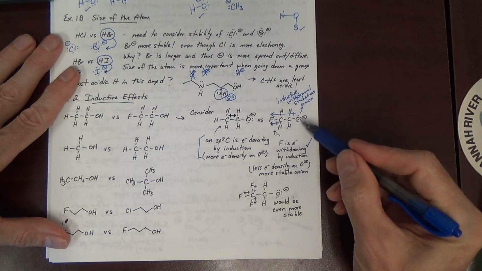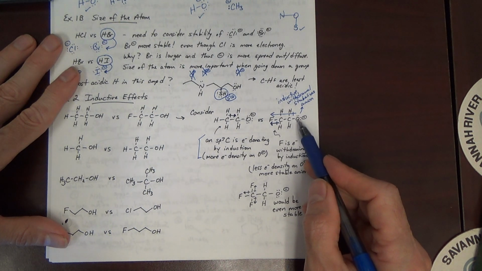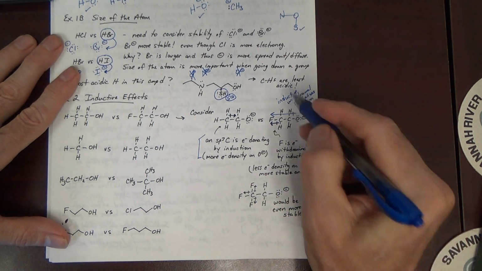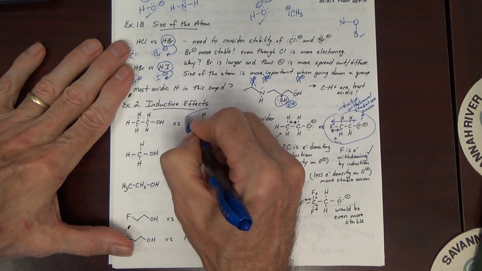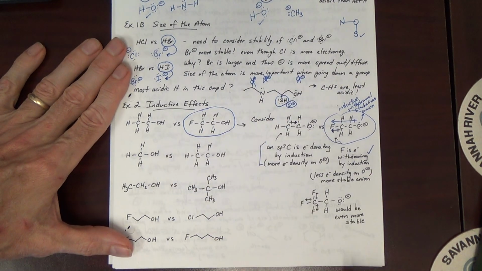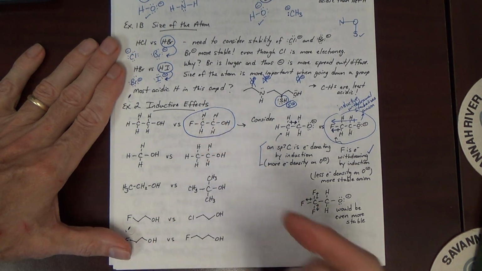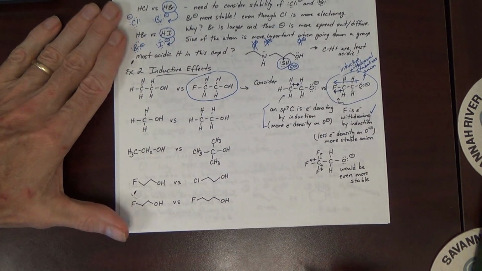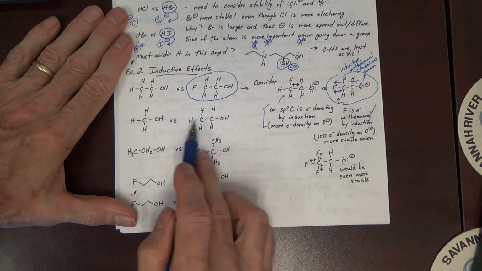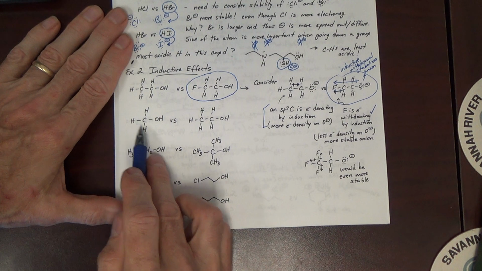And thus there's less electron density on the oxygen. And if we can decrease electron density of the anion and make it more towards neutral, that's a stabilizing effect. And so this is more stable. Thus, this alcohol is more willing to act as an acid. It's the stronger acid. How about these two alcohols? Well, they're both just plain hydrocarbon other than the OH. 1 carbon versus 2.